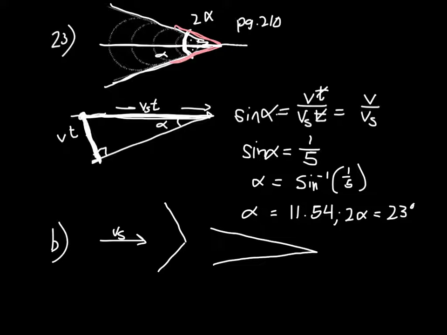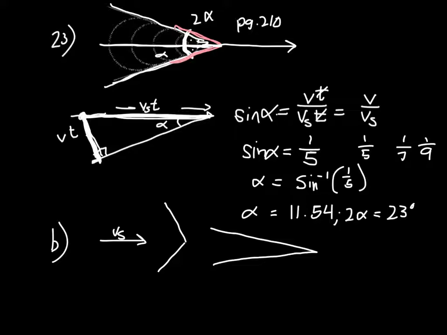So if we were to speed up that source out to there, the relationship between the velocity of the source and the velocity of the waves would change even more. And instead of a sine of 1 over 5, we'd end up with something more like 1 over 7 or 1 over 9 or anything like that.